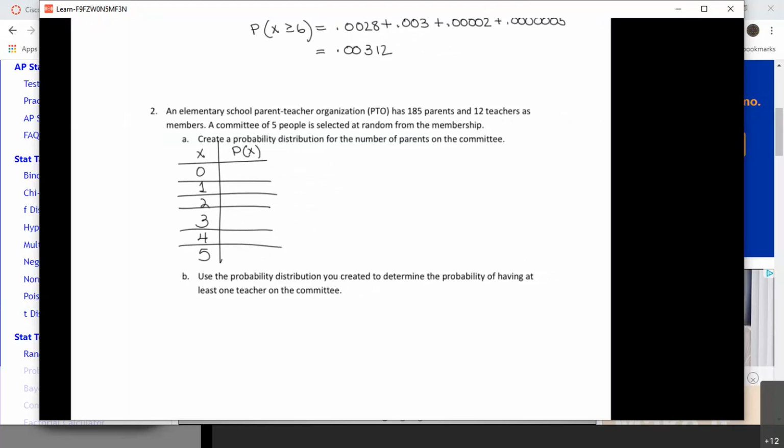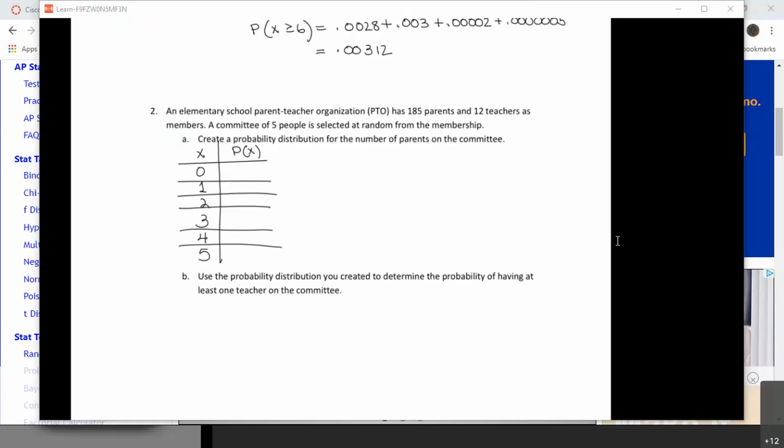Is this binomial or hypergeometric? Okay, what do you think? Binomial or hypergeometric? Remember, the key is whether you're doing the same thing or if the probabilities change.